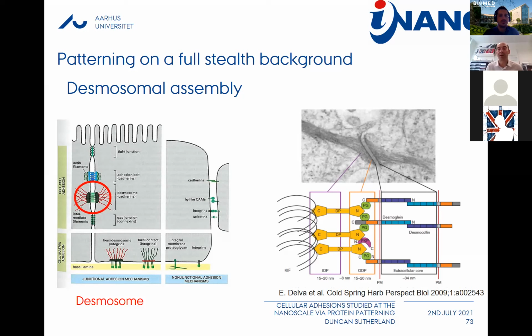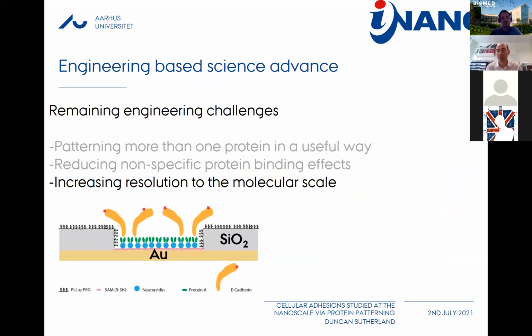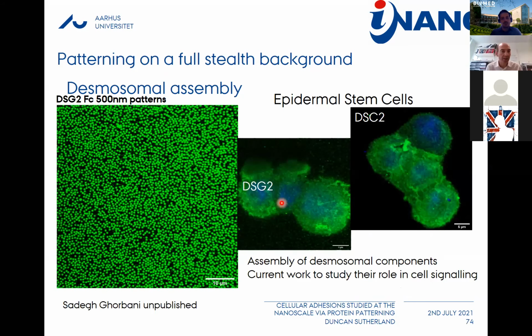And so it really feels like we're having this assembly of the desmosome, and we're able to mimic it on a patterned surface. And so the next step after that will be to see whether this is involved in the cells at the basal membrane committing to differentiation. So here's the pattern of the DSC2 on the surface.